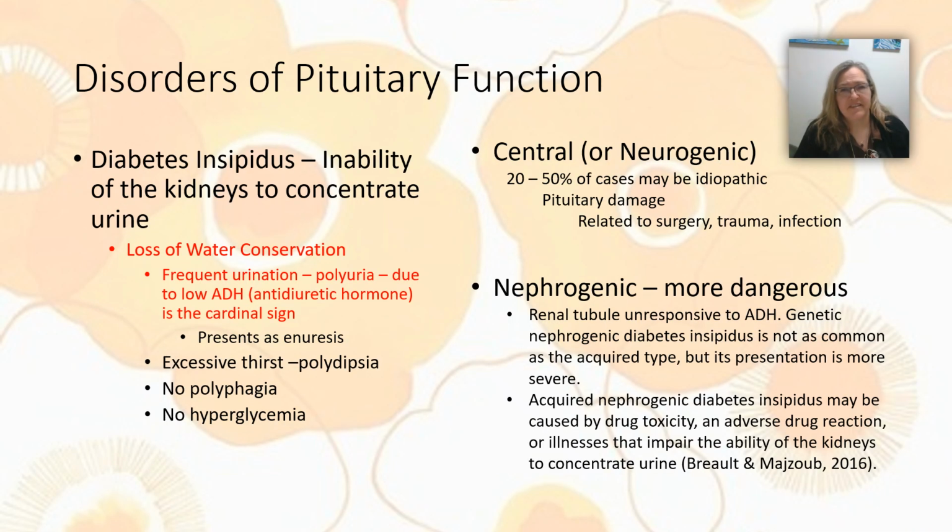Diabetes insipidus is another important one that we need to go over. One of the big mistakes I think students make with diabetes insipidus is they think that it is related to diabetes type 1 and type 2, and they think it has something to do with the pancreas. So one of the main things I need you to know about diabetes insipidus is that it has nothing whatsoever to do with the pancreas.